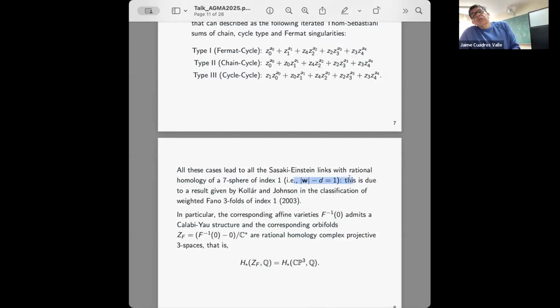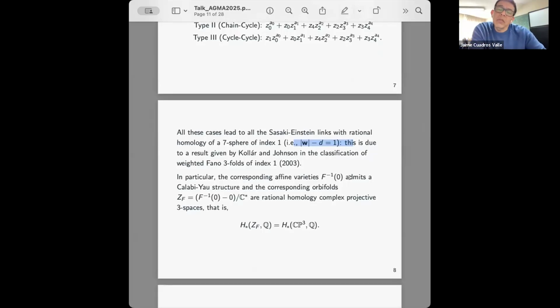What is interesting about this kind of polynomials is that, of course, they give you rational homology spheres that admit Einstein metrics. In particular, the associated affine cone must be Calabi-Yau, and the quotient space, that is the orbifold associated to the problem, is a rational homology complex projective space.